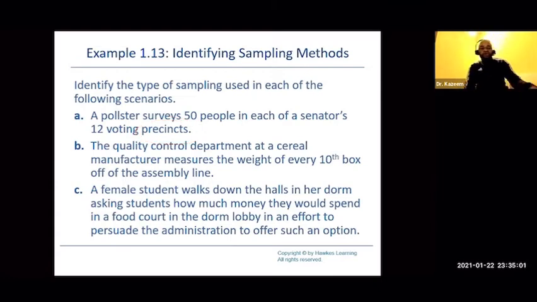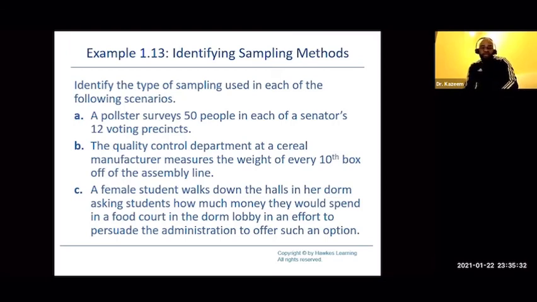The quality control department at a cereal manufacturer measures the weight of every 10th box off the assembly line, every 10th box. That's a systematic sampling. It could be every 10th or every 5th or every 7th. Let me tell you, when police are conducting an investigation, they can decide to go to a particular highway and start stopping every 10th car.